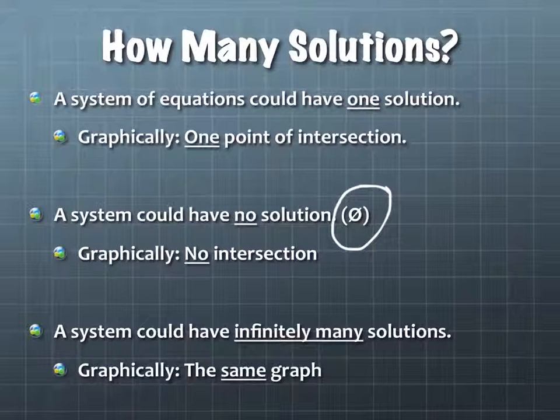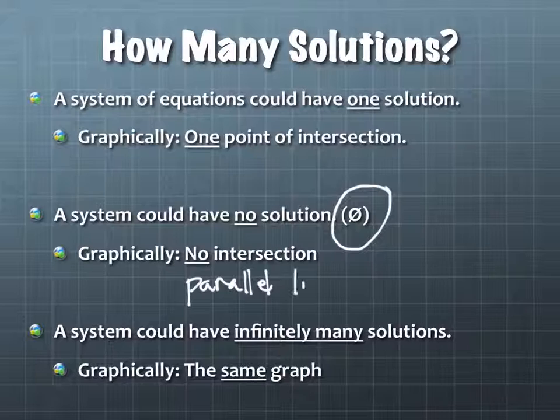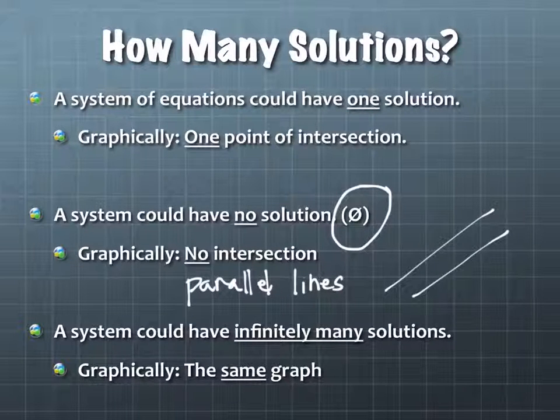Even more specifically, what this actually gives you is parallel lines. Right? If lines are parallel, they never intersect. Okay? So parallel lines would give you no solution. And then the third option is that you could have infinitely many solutions, which really just means you have the same line written in 2 different ways. Okay?